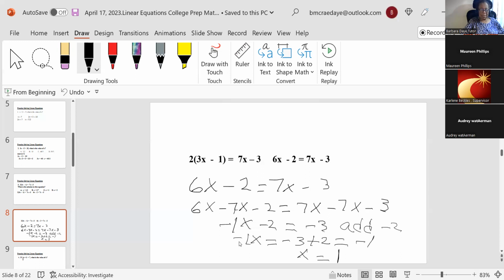But if minus x equals a -1, then you multiply both sides by negative, you get a plus x equal to a +1. You will not leave that variable with a negative.